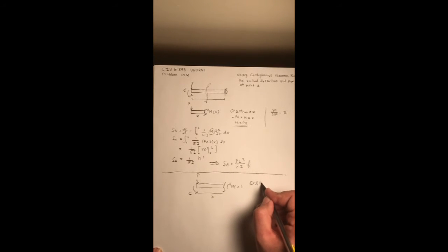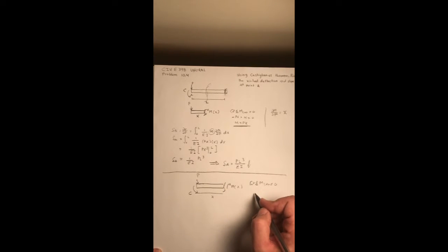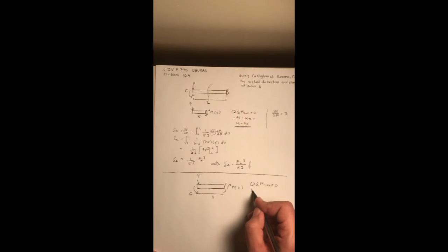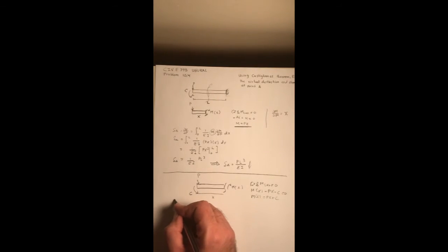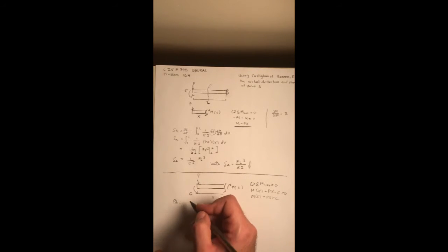We're going to solve for it. The summation of moment at the cut is equal to 0. And we're going to have M of x minus Px minus C is equal to 0. M of x is equal to Px plus C. So to find the rotation, we're going to use Castigliano's theorem again.